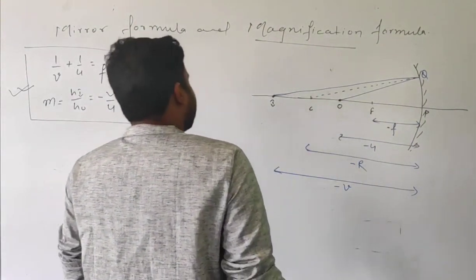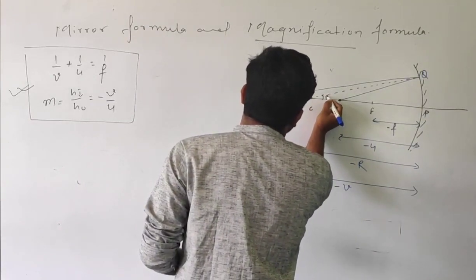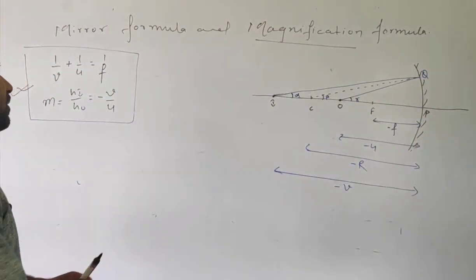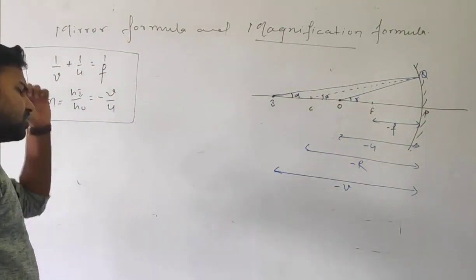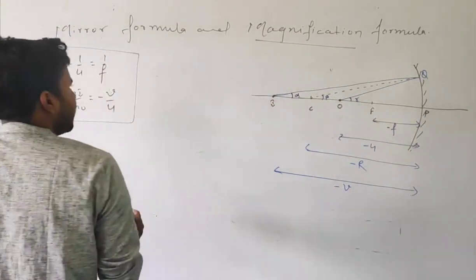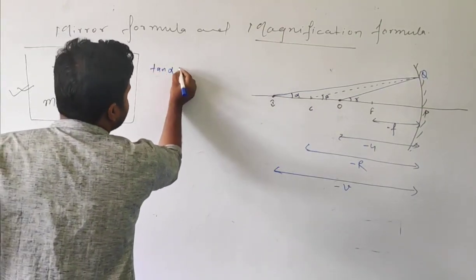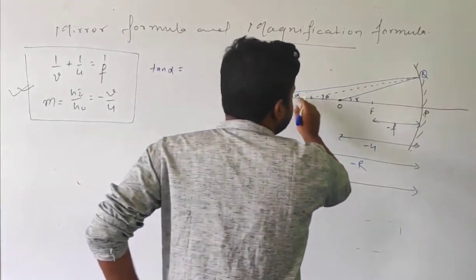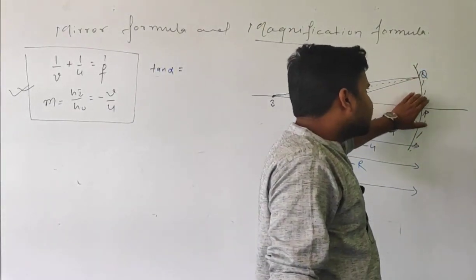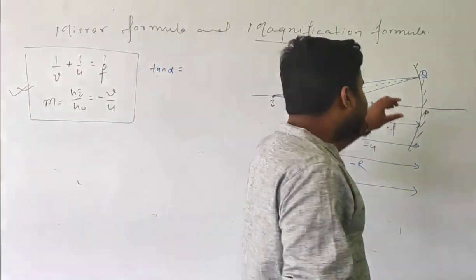Now I am assuming this angle is alpha, this angle is beta, and this angle is gamma. Students, I suppose you all know basic trigonometry. So tell me, tan alpha equals what? I am assuming it's a paraxial ray, so this curved part you can assume is like a straight line, very small.